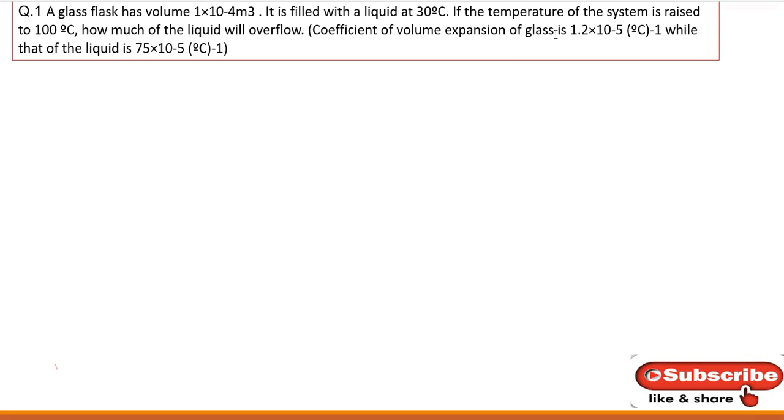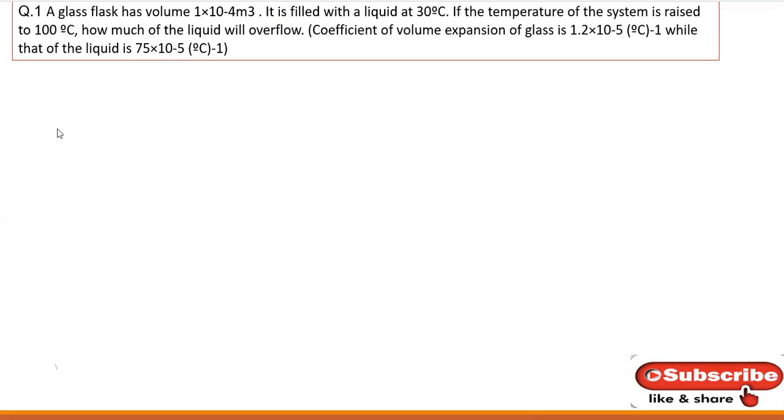Now, if we increase the temperature of the system, that is the glass flask containing water, to 100 degrees Celsius, we know that the volume of the liquid will increase, and the volume of the flask will also increase. If the volume increase of the liquid is above that of the glass flask, then the liquid will overflow. How much liquid is overflowing, that we want to find out.